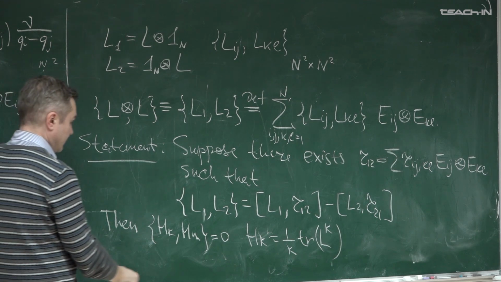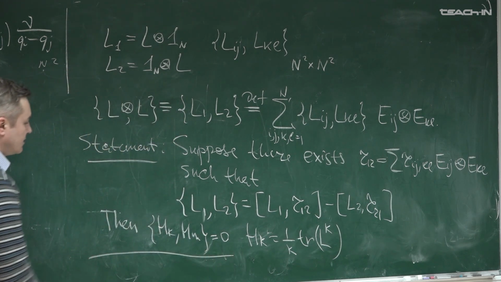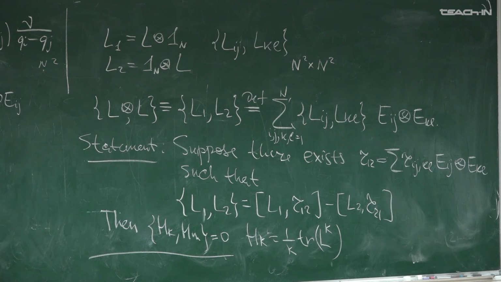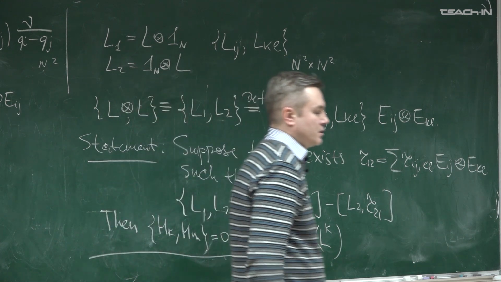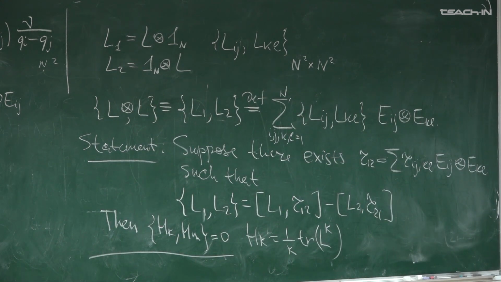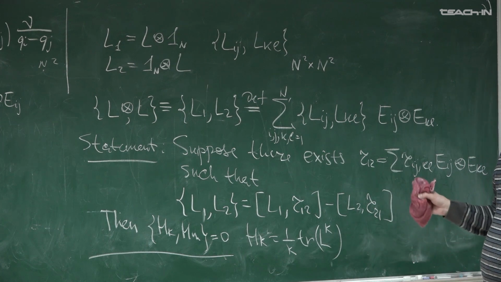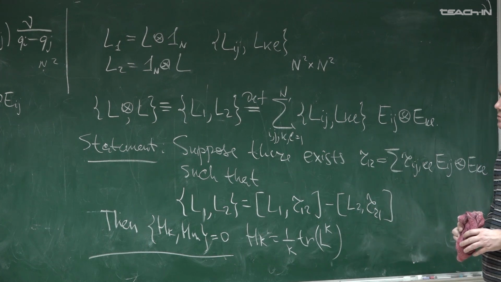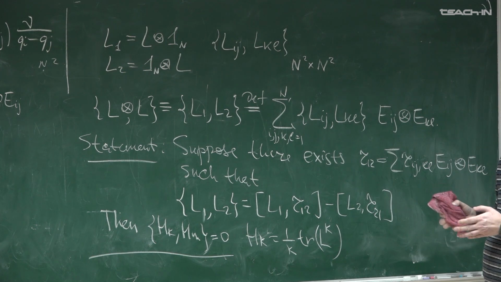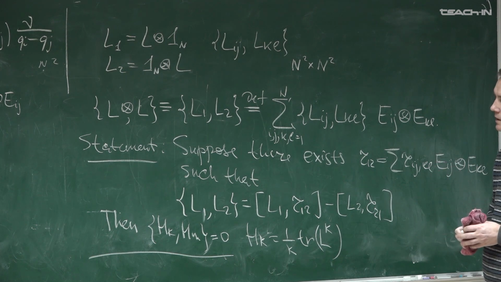So this is a very important statement in the theory of integrable systems. It's not enough to construct just a Lax representation. Although, of course, if you have it, you are almost happy, because to have a Lax representation also looks like a miracle every time.